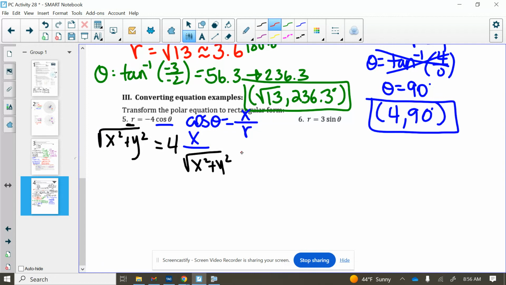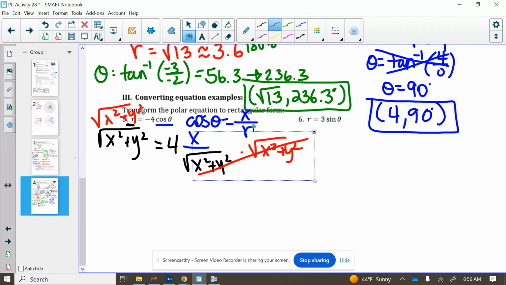Well, if we multiply both sides by that denominator, square root of x squared plus y squared, these cancel out. And then if you are multiplying this square root by itself, it just becomes that value underneath the square root. They essentially cancel out. And we just have 4 times x then on the right-hand side.